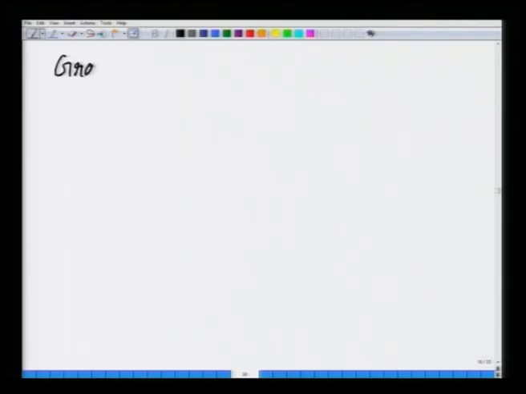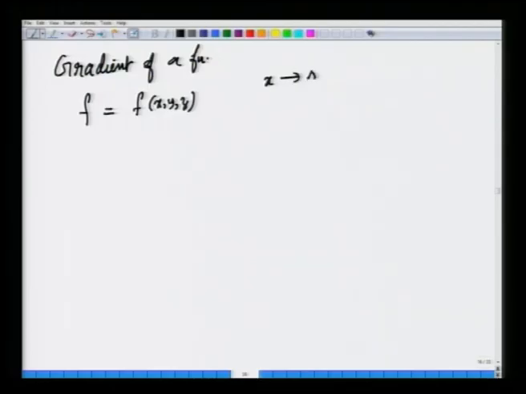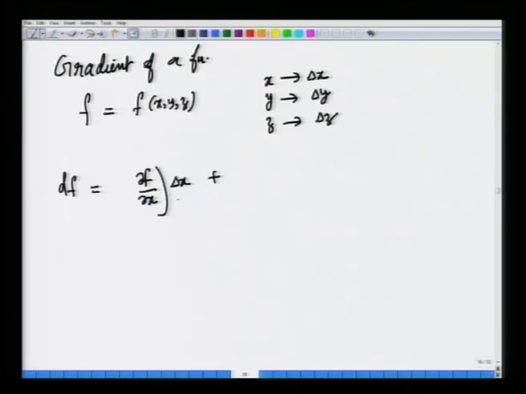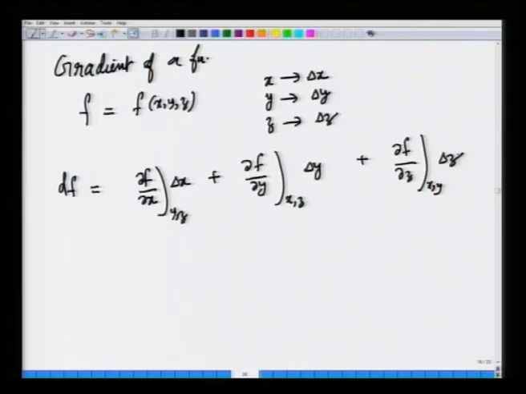So, the gradient of a function. If f is a function of x, y, z, and x changes by a small amount delta x, y changes by delta y, z changes by delta z, then df is nothing but partial f by partial x times delta x, keeping y and z constant, plus partial f by partial y times delta y, keeping x and z constant, plus partial f by partial z times delta z, keeping x and y constant.